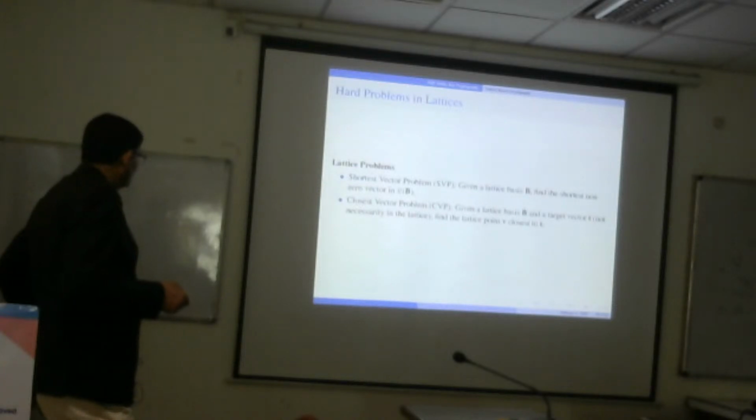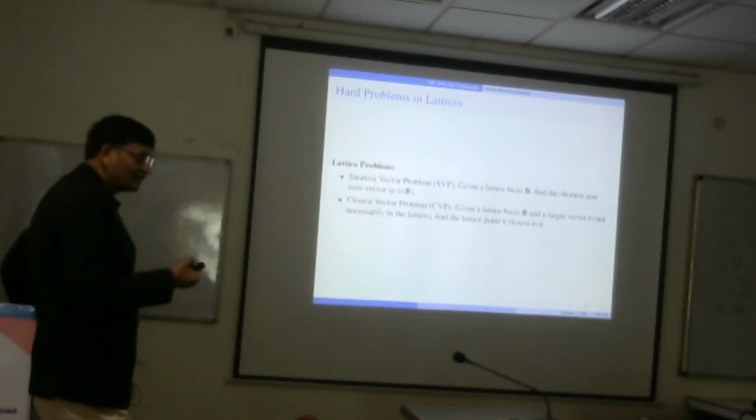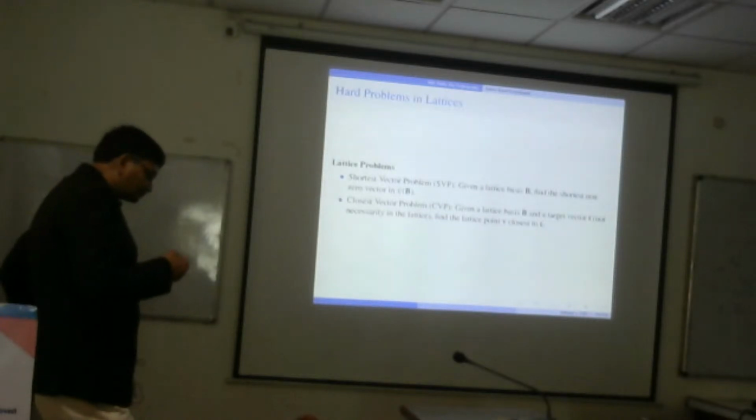So here we have lattice-based problems. What is the shortest vector problem? Suppose you have n vectors and you want to find the shortest vector among them. Shortest vector means the norm of the vector should be minimal among all vectors. This is a hard problem.